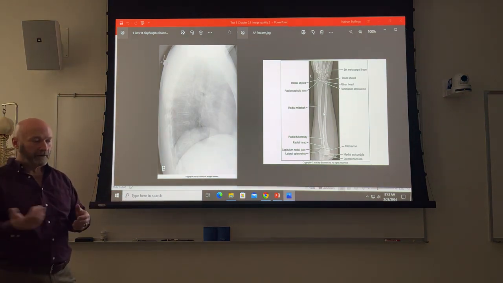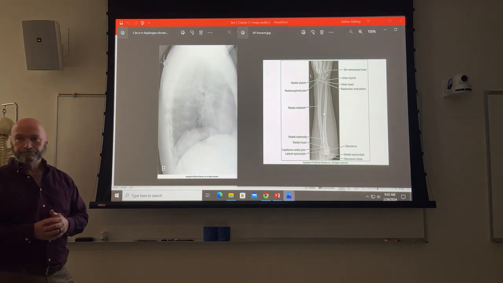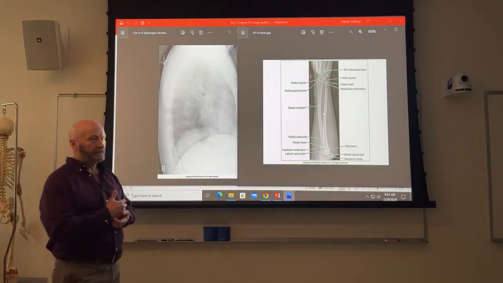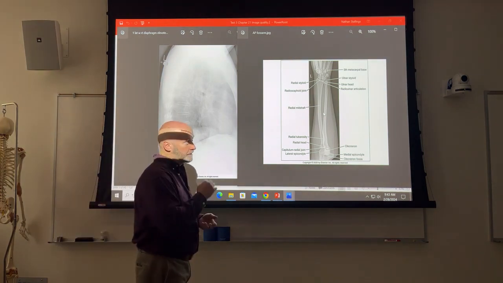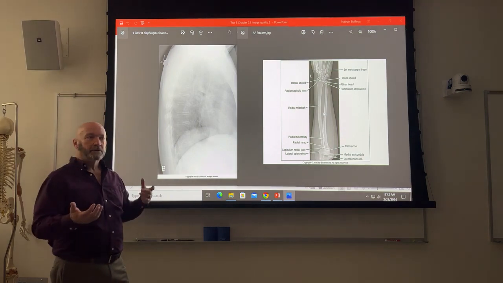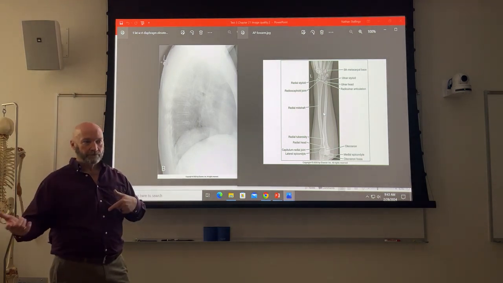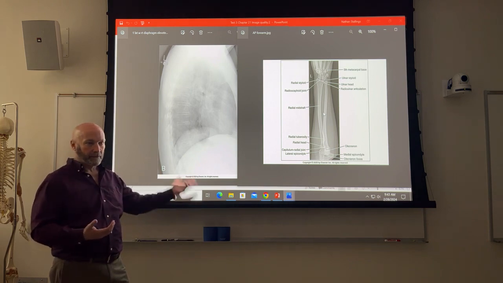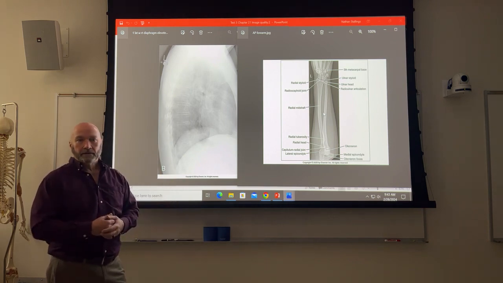Okay, you've heard of digital grids. If you haven't, we'll talk about it probably on the fourth test. But digital grids work to disregard some of those low energy photons that would add nothing of benefit to our final product in the image.